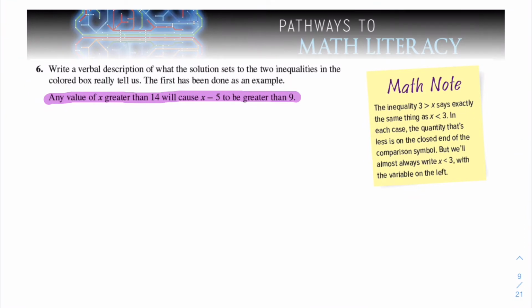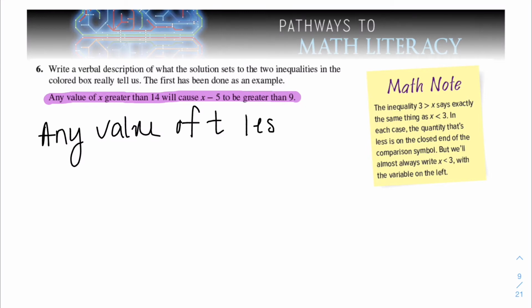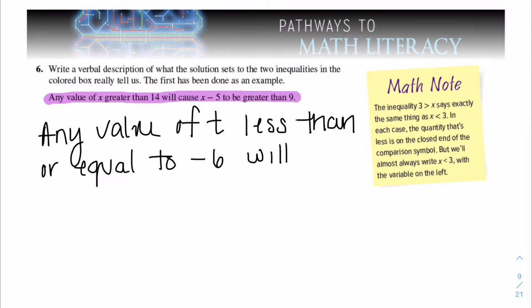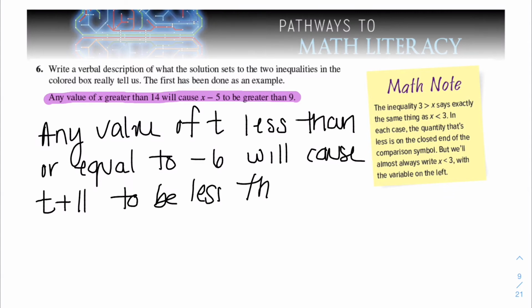So what we can say for the second one is any value of t less than or equal to negative 6 will cause that expression on the left, which is t plus 11, to be less than or equal to 5.